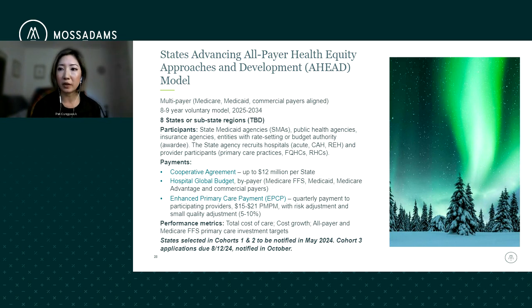So this will include not only the recruitment costs of recruiting the hospitals and primary care providers, but also the cost required to really boost up the primary care infrastructure as well as behavioral health infrastructure. And then the other two payments are the hospital global budgets that will be provided to the hospital providers in this, and then also the enhanced primary care payments that will be given to the primary care participants.